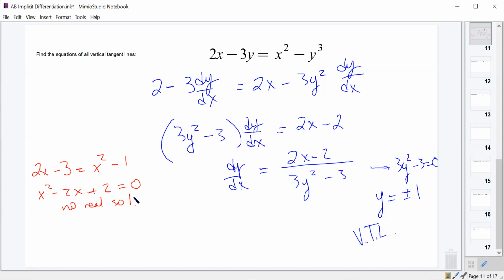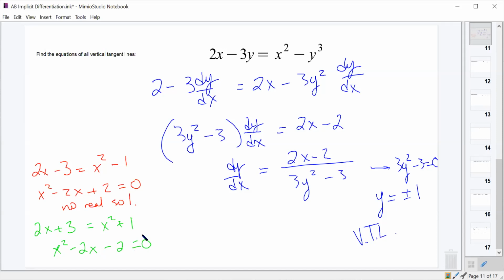All right, so let's try -1. Plug in -1 for y, we end up with 2x plus 3 equals x squared plus 1. And that gives us x squared minus 2x minus 2 equals 0. For that one, we should be able to get some solutions. We'll use the quadratic formula.